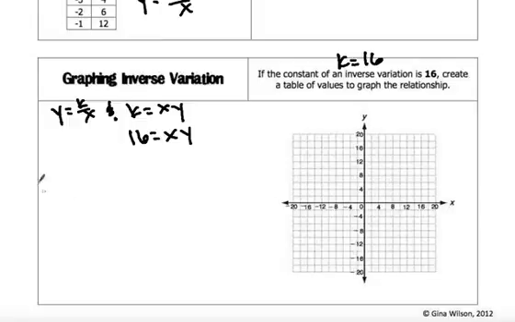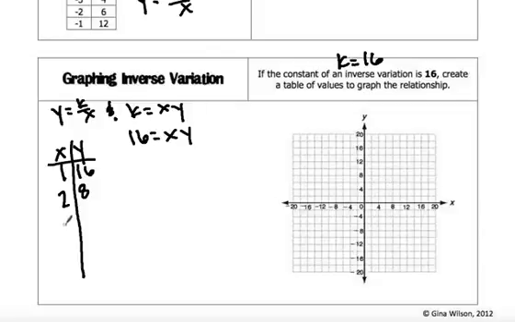Now, if I need to graph that, I need to do an xy table. You remember that's how I graph any points on the graph. So in order for me to have two things that will multiply to give me 16, I have to think about anything that I could multiply that would give me that. So like 1 and 16 would work, and 2 and 8.